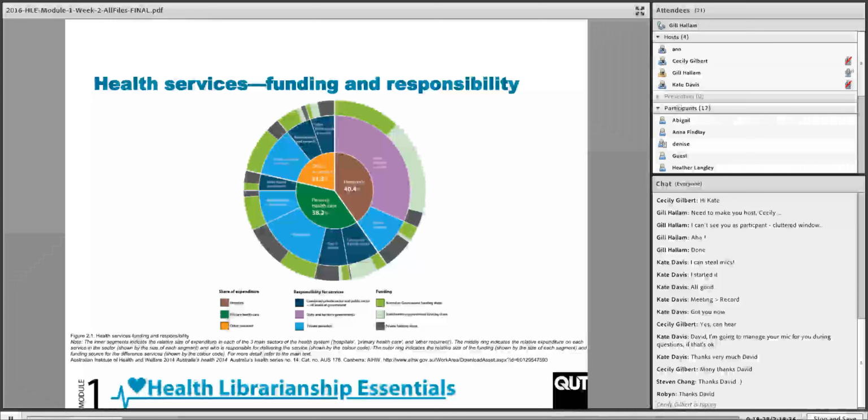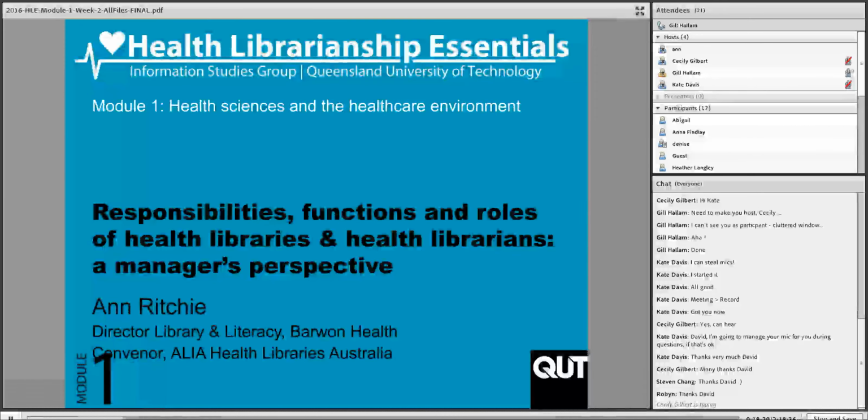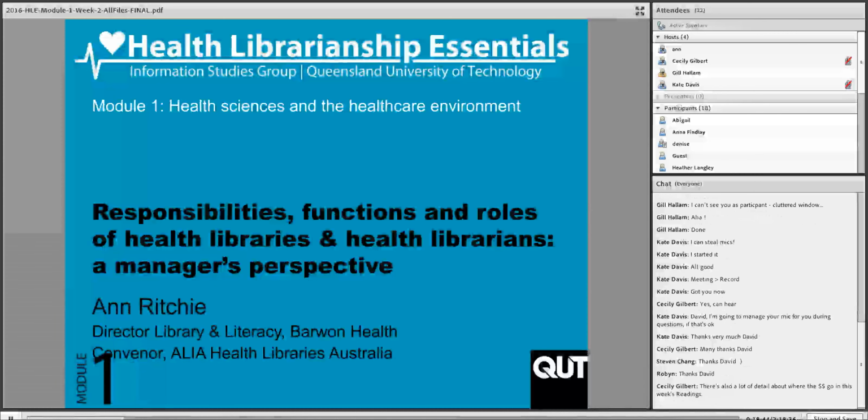So let us move along to Anne. And Anne is Director of Library and Literacy at Barwon Health. But importantly, she's also convener of ALIA Health Libraries Australia. So just to introduce Anne very quickly, obviously at Barwon Health, she's based at the University Hospital in Geelong, and for the past 2 years she's researched the needs of health professionals for future library services, so taking the sort of the client perspective as to what is required.